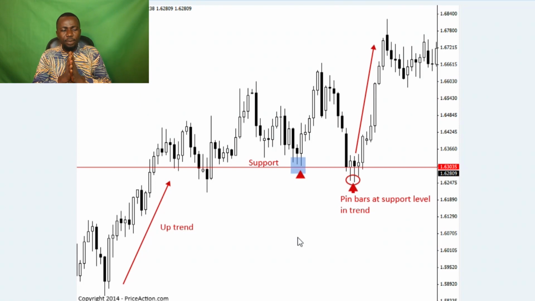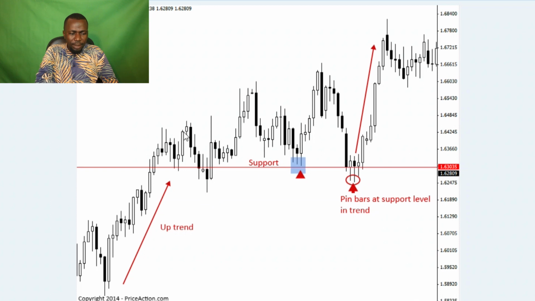Now this is another example of how you trade the resistance level, almost the same as the support, just their opposite. You can clearly see that the market is in an uptrend, right? The market is going up. So now the market got to this point, and then reversed and made a retracement.